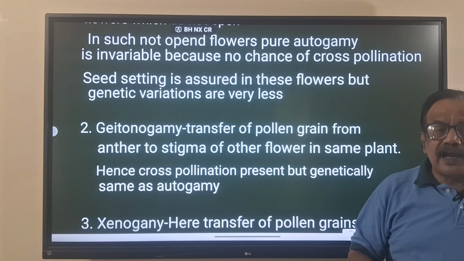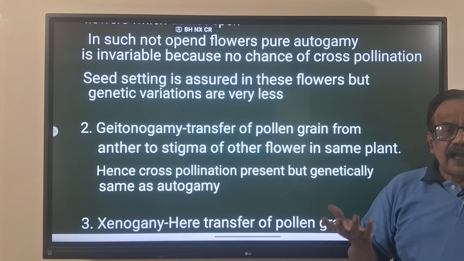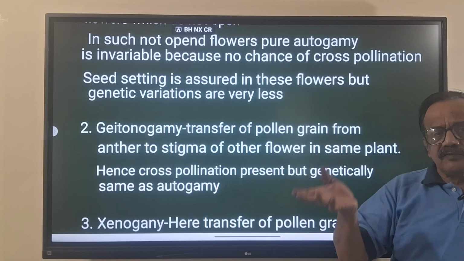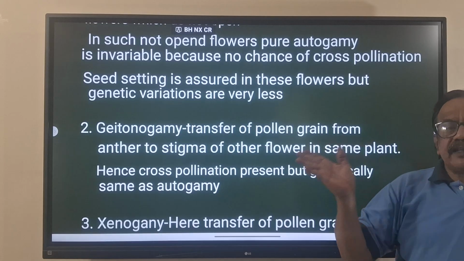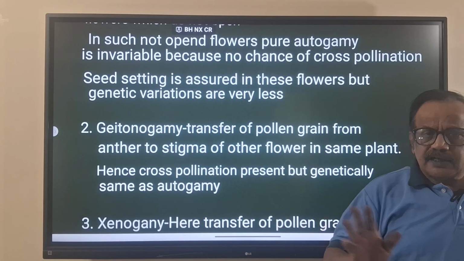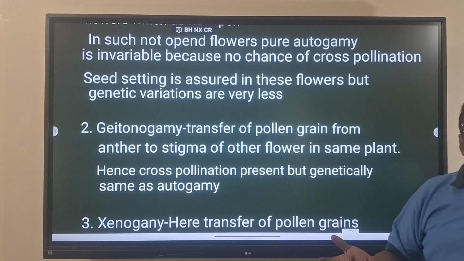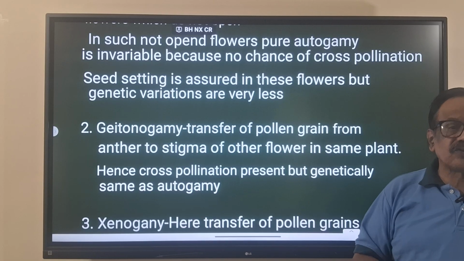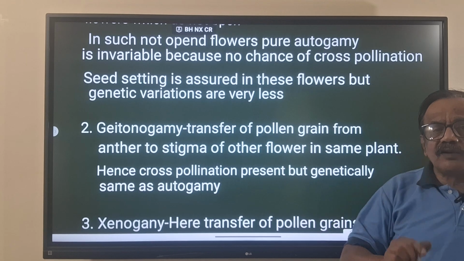Means the plant may produce male flowers and female flowers, and the agent also will come, and cross pollination will take place. The pollen grain will be carried by the agent, and it will reach the stigma. It is cross pollination, but it is equal to autogamy. Why? The pollen grain is produced on the same plant and the stigma is also on the same plant. So genetic variation won't be there, and so it is equal to autogamy.